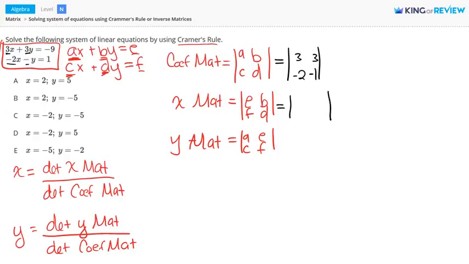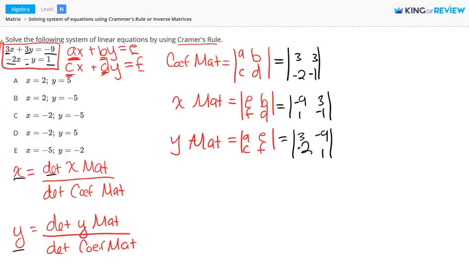For the x matrix, we're going to start with the constants here, so -9 and 1, and then we have 3 and -1. And for the y matrix, we have 3 and -2, and -9 and 1.